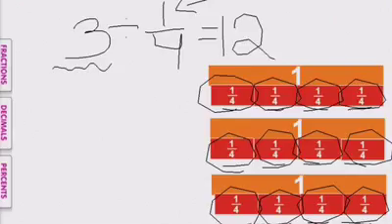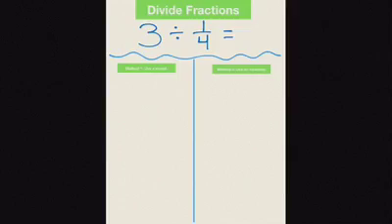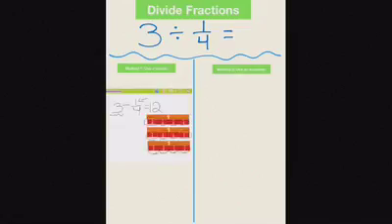So 3 divided by 1/4 is 12. Go ahead and take a screenshot of that. And then we're going to drop that into GoodNotes. Okay, make it a little bit bigger so we can see it. And that's how we divide with a model.